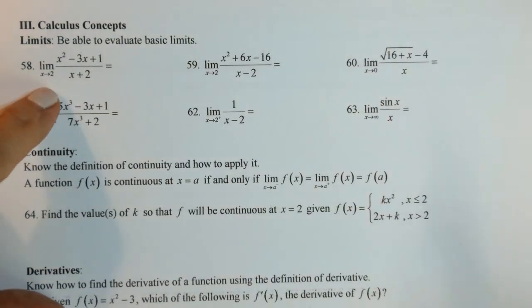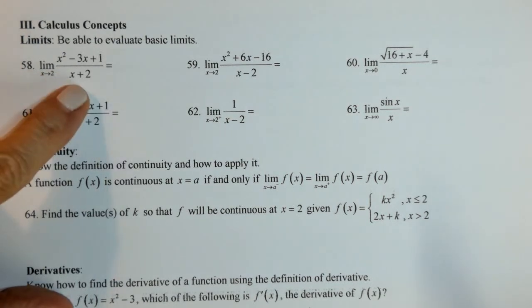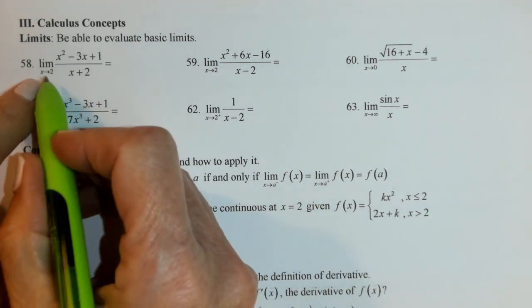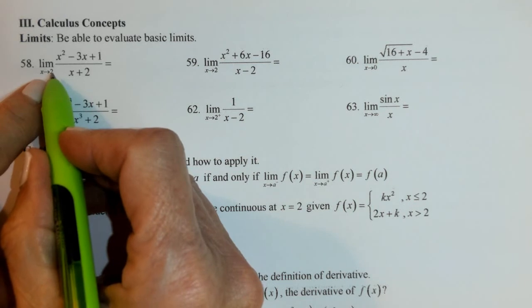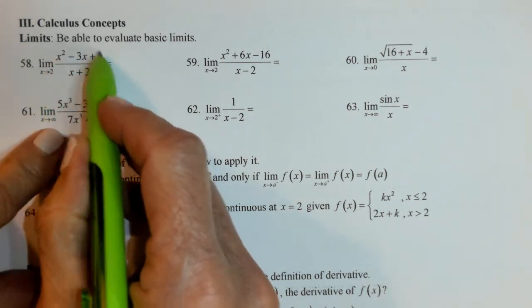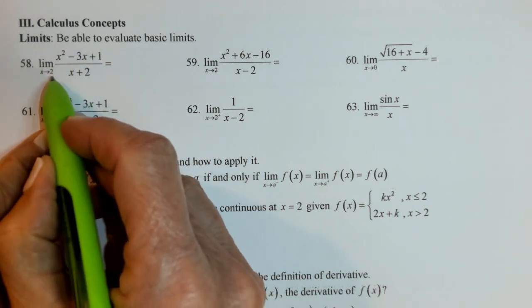All right, number one is the limit as x approaches 2 of this function. Now, it's important that you know that a limit as x approaches a number is not necessarily the value of this at that number.